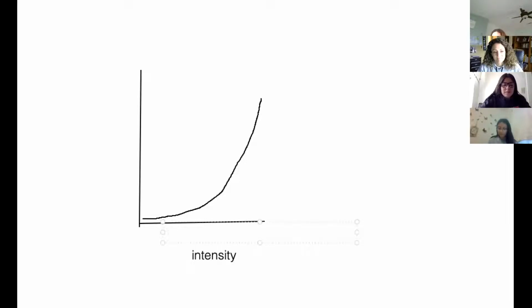So you have low, medium, and then high. And then I forgot which one goes here. So lactic threshold is the point at which lactic acid begins to accumulate as intensity increases.